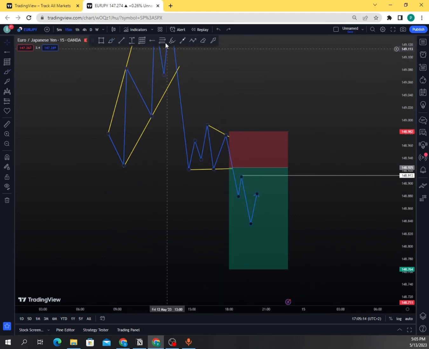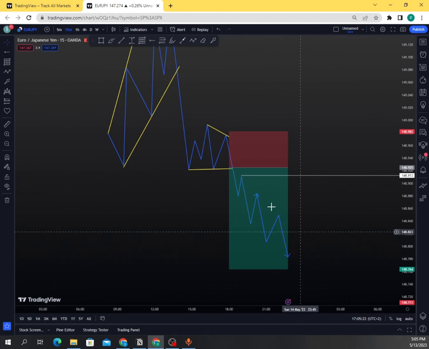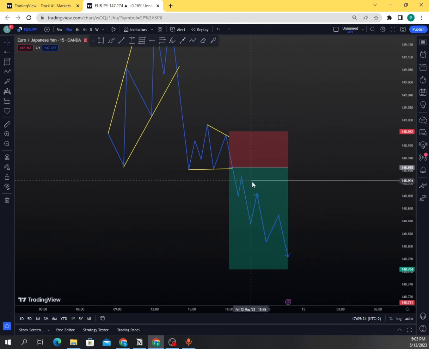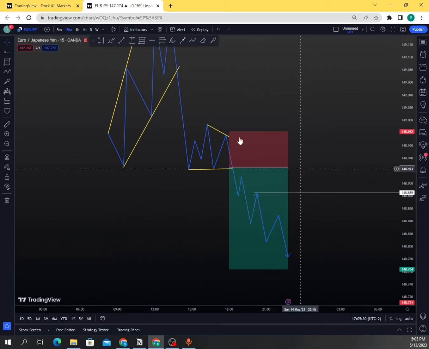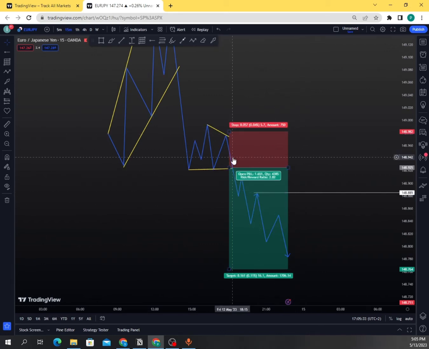If price continues to create a new lower low and a new lower high, then I will continue to move my stop loss here. In this case, I'm now protecting my capital.